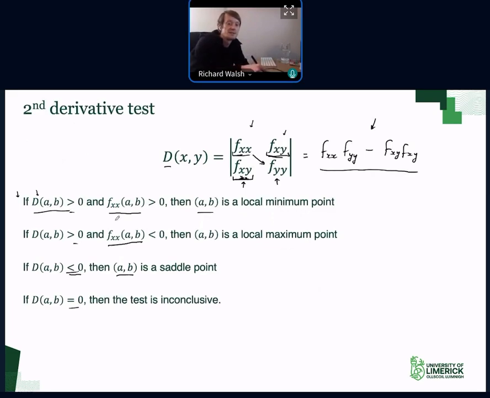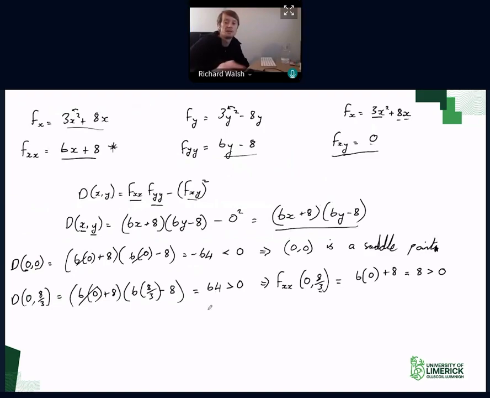If d is greater than 0 and the second partial derivative with respect to x is greater than 0 at the point, then that point is a local minimum point. Therefore, (0, 8/3) is a local minimum point. I'll just say local min point. That's the second point tested.